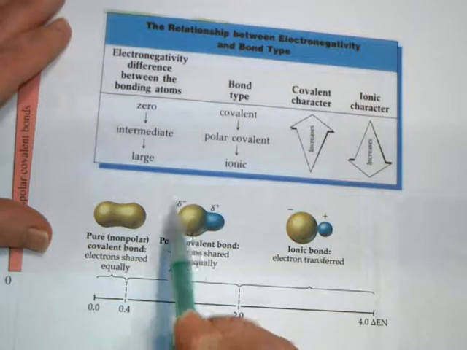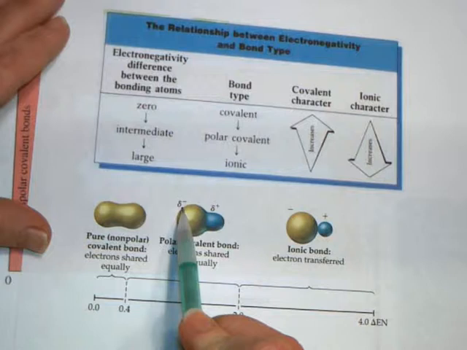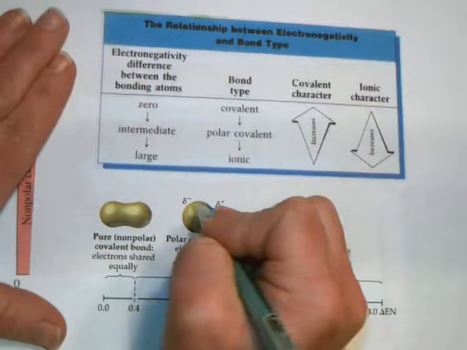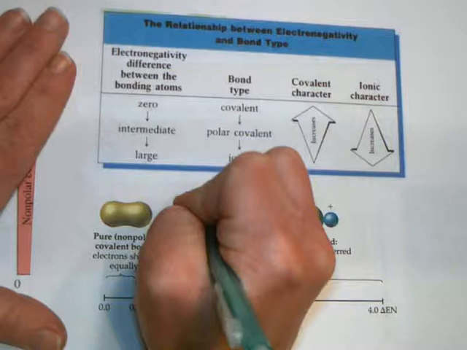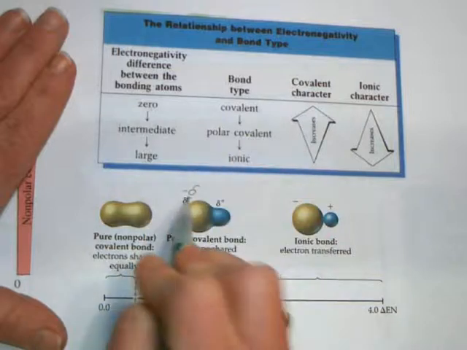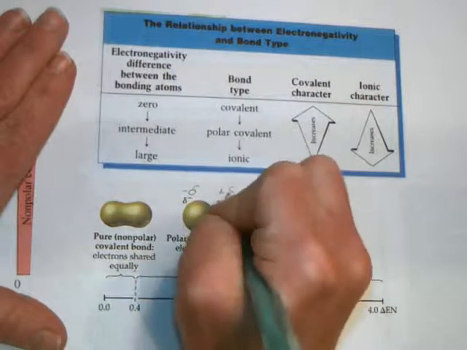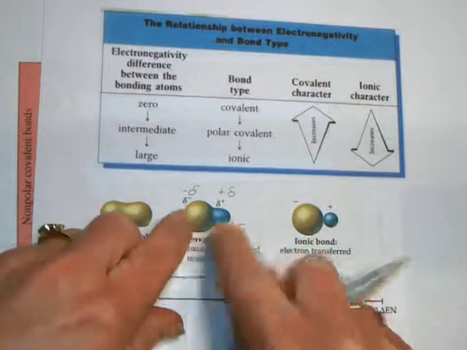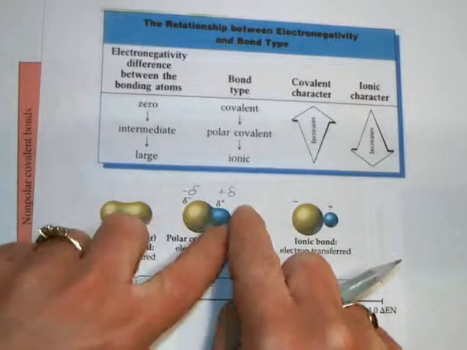It gets assigned this partial negative. It looks like a kind of strange music note. You can see the negative on either side, but this side is going to get the partial negative charge, and this side is partial positive. It's not a full giving up and taking. It's just kind of negative and kind of positive.